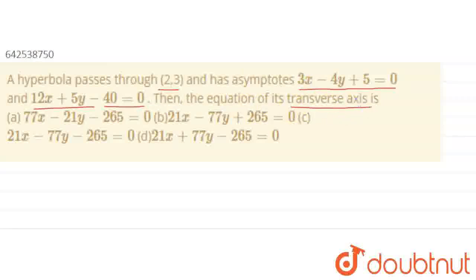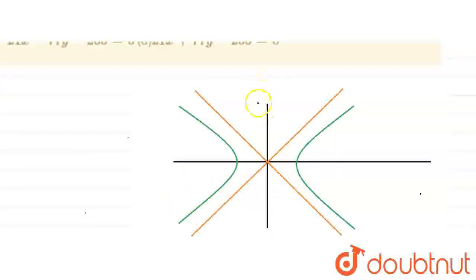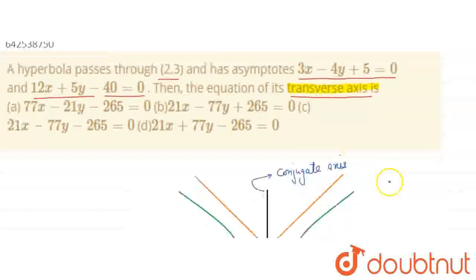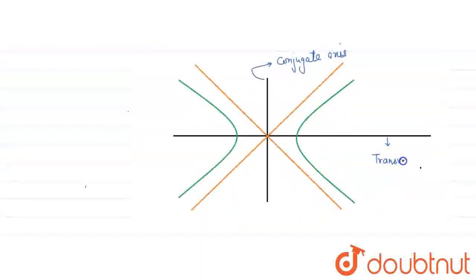So let us draw the figure to understand what the transverse axis is. Now, if this is the hyperbola, this axis is the conjugate axis and this horizontal axis is the transverse axis.